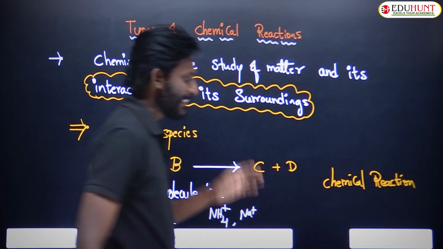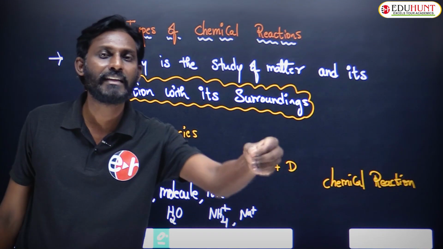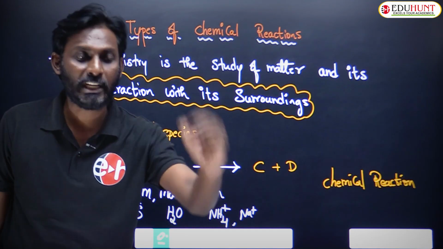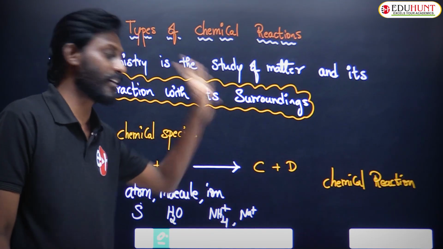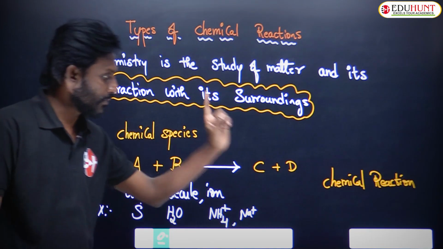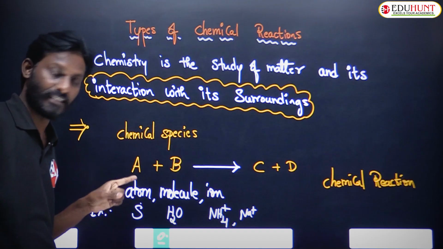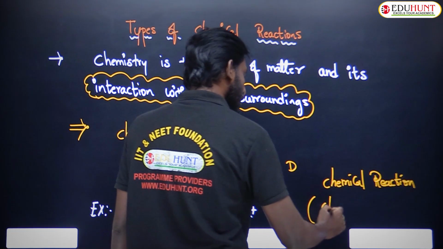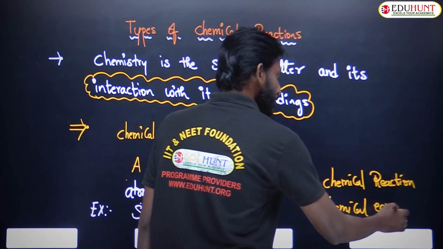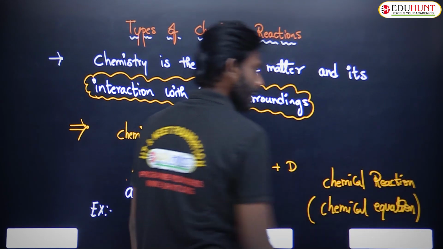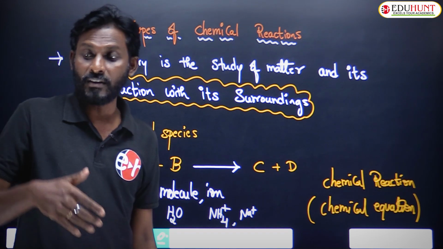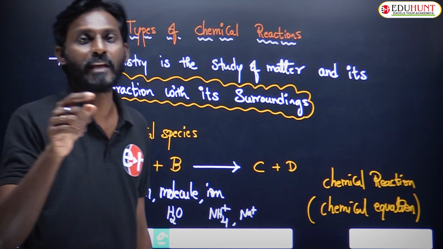This particular process, when it takes place in our real life, is called a chemical reaction. And when you represent that chemical reaction on paper like this, it is called a chemical equation. Let me differentiate fundamentally between a chemical reaction and a chemical equation.